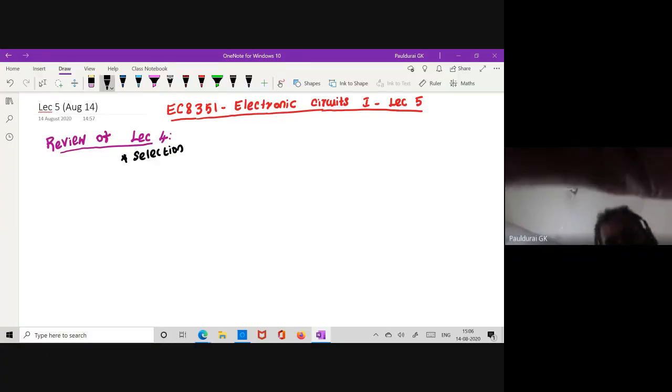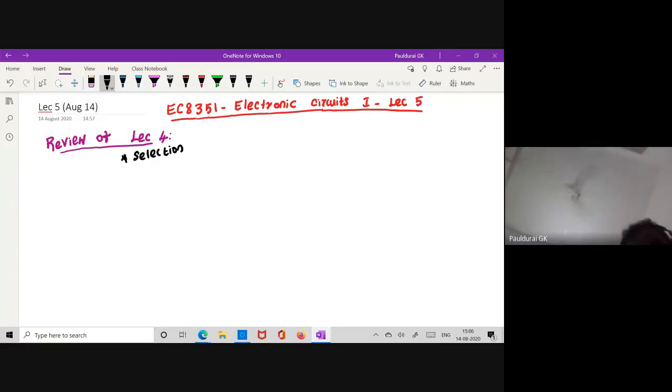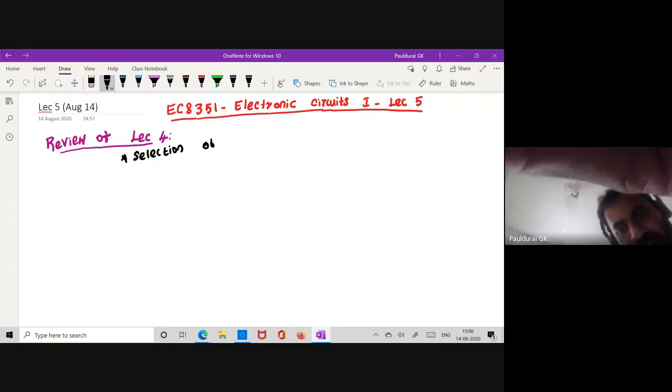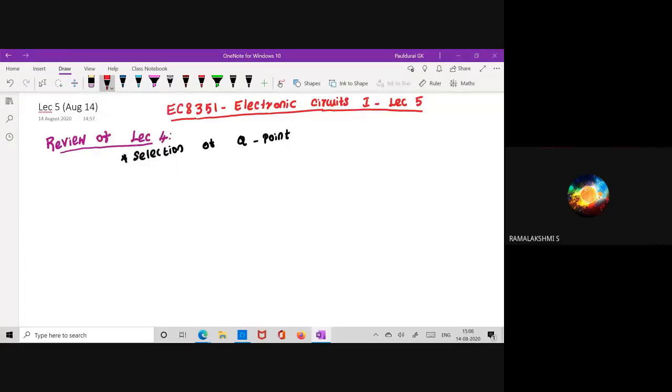So coming to the review of lecture number 4, I started with the selection of Q point. Where do you want to choose your Q point on the DC load line?